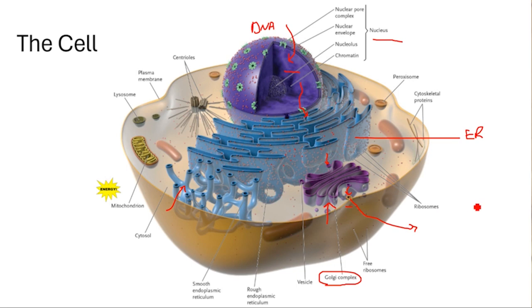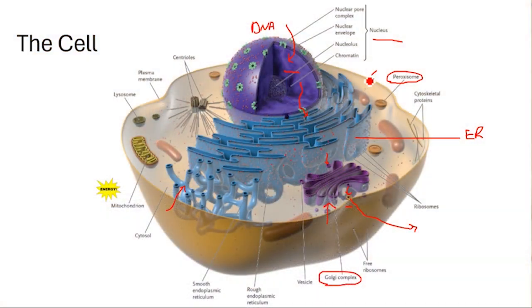Okay, three organelles I want to highlight. One is peroxisomes. These are membrane-bound structures that play a role in producing the phospholipids that actually make up the cell membrane and the membranes inside the cell that are making up the organelles. So that's what the peroxisomes do, one of the functions.